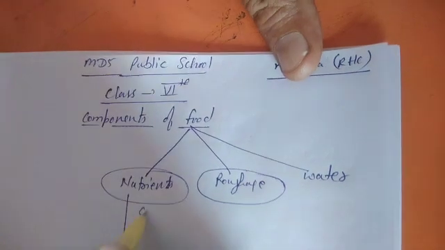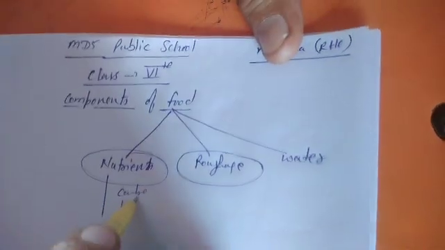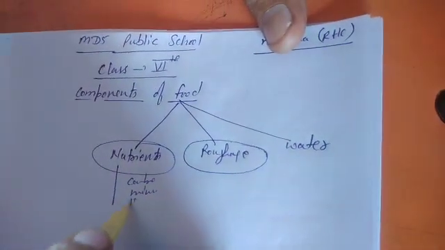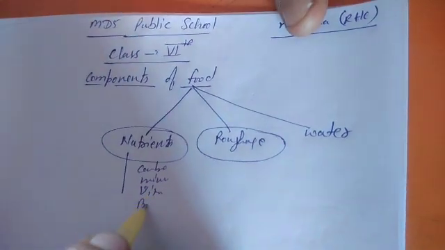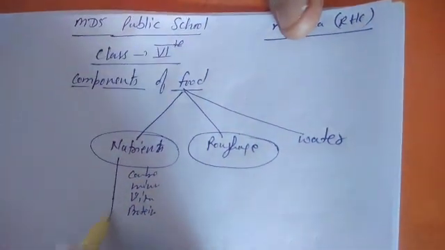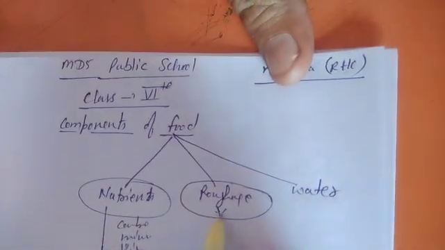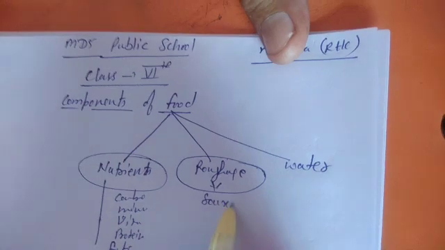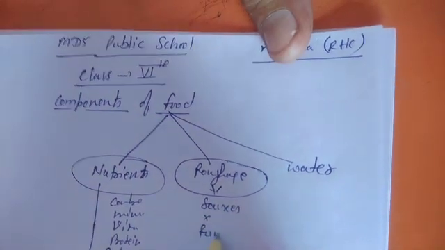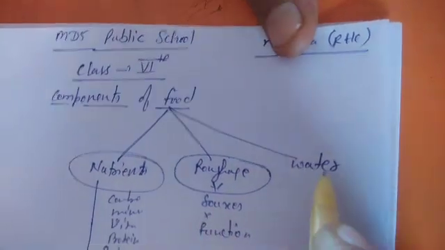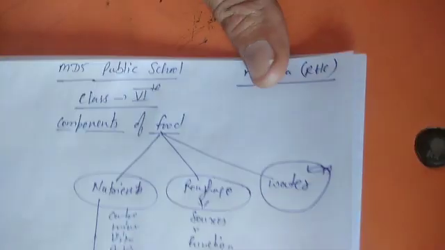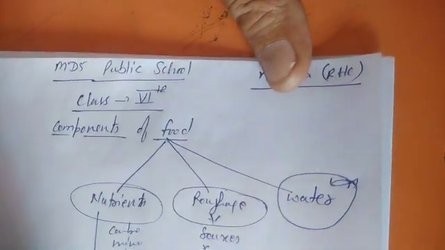In nutrients, we studied carbohydrates, minerals, vitamins, proteins, and fats. Roughage we also covered, with its sources and functions. Now our last component is water, which is quite an essential one.